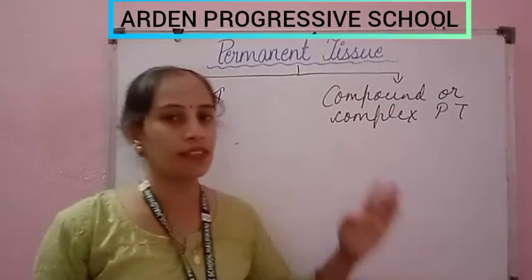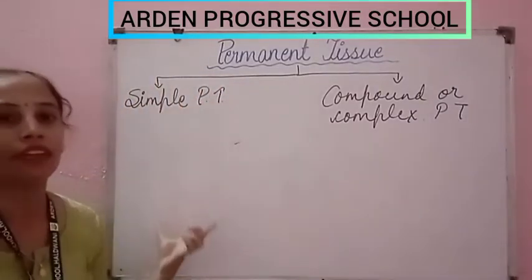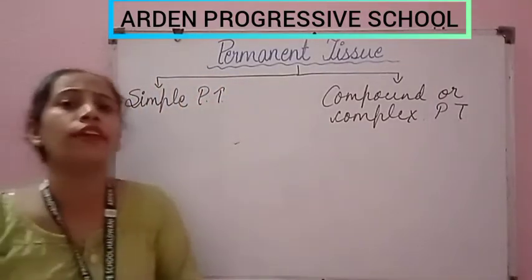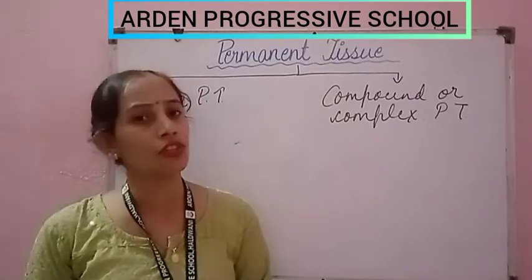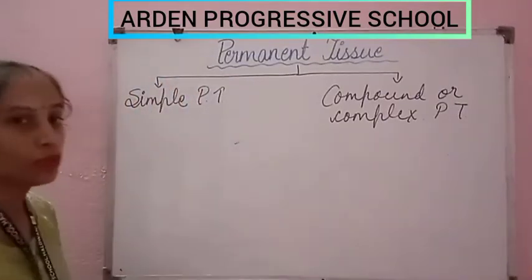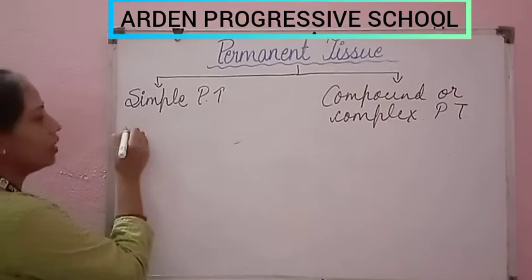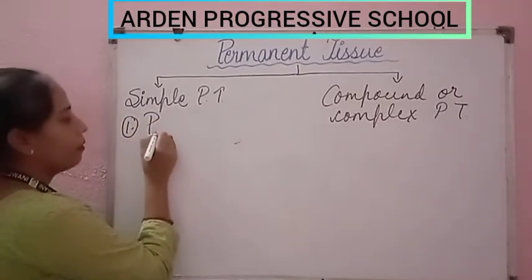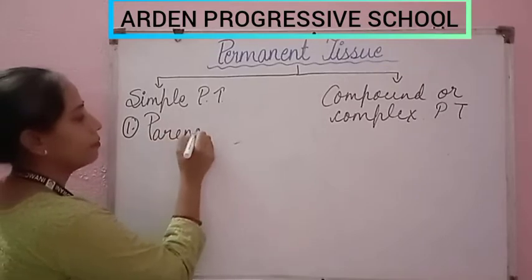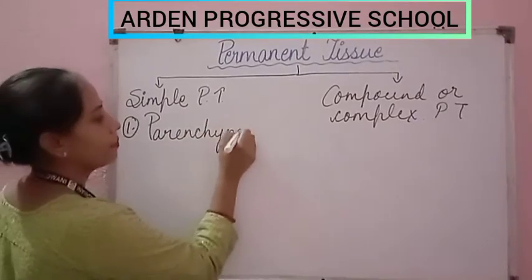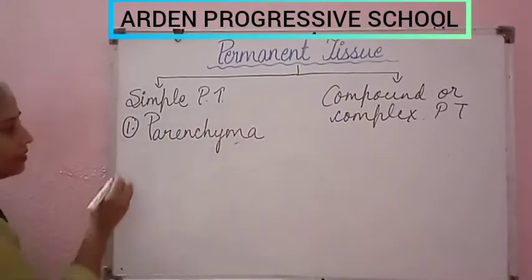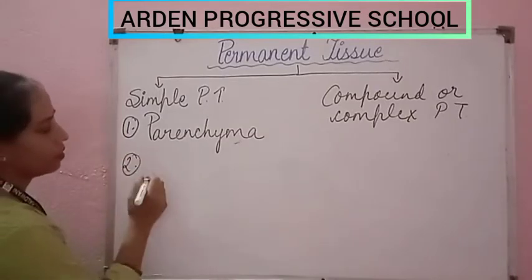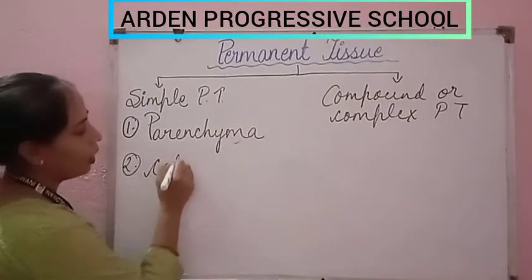So first we discuss the simple permanent tissue. According to the nature of the tissue, the simple permanent tissue is again divided into three parts. The first one is parenchyma. Second is collenchyma.